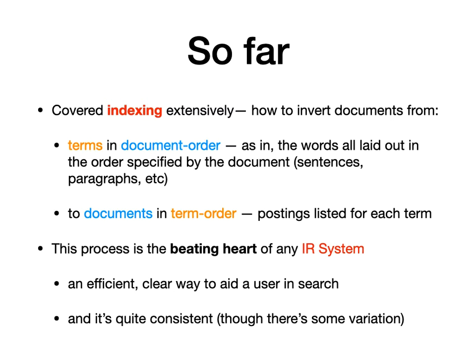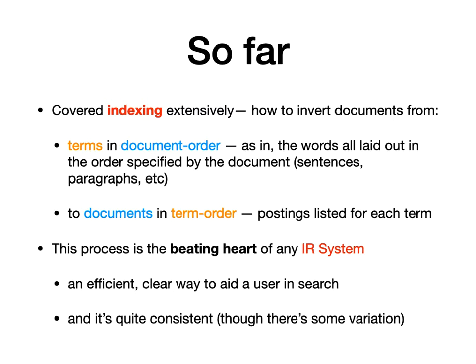The words in a document show up in the order in which they were written into the document, right? We flip that on its head to put the documents in term order. So the postings for each document are listed for each term. This is the beating heart of all these systems that we are talking about.